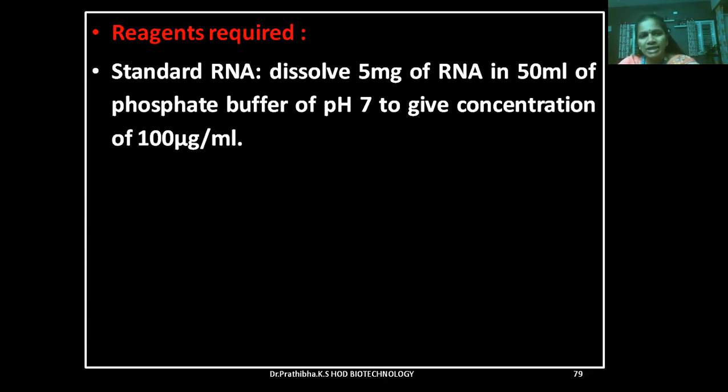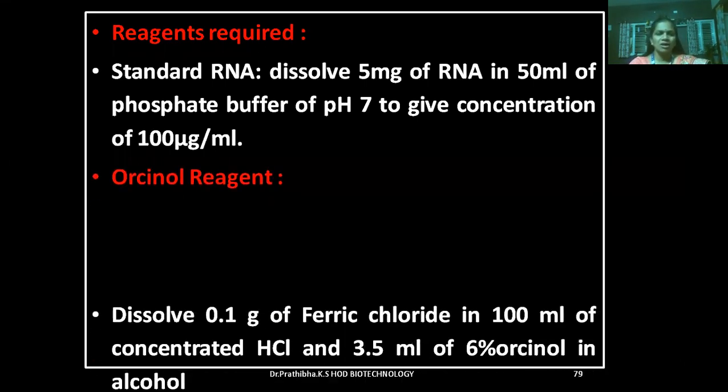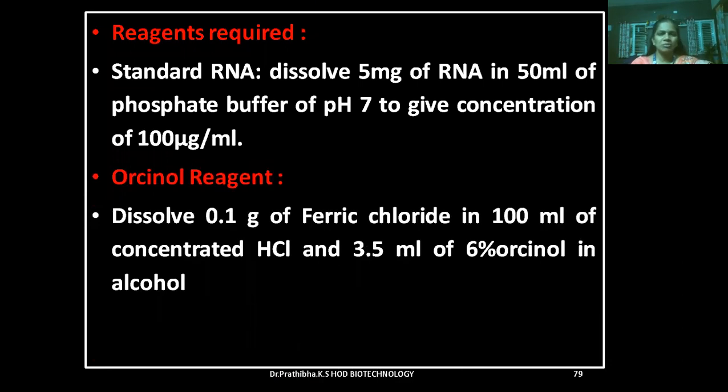So how to prepare standard RNA here? 5 mg of RNA is dissolved in 50 ml of phosphate buffer of pH 7 to give a concentration of 100 microgram per ml. Then orcinol reagent: dissolve 0.1 gram of ferric chloride in 100 ml of concentrated HCl and add 3.5 ml of 6% orcinol in alcohol.